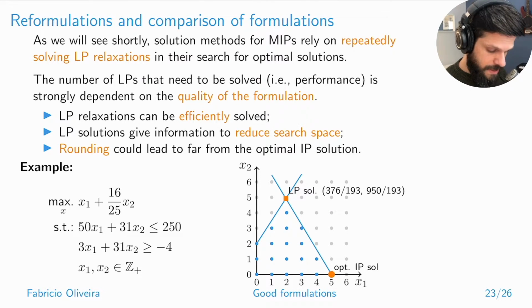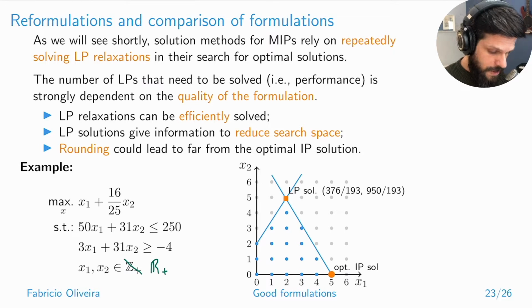Just to illustrate how bad the idea of rounding can go, if I look at the linear relaxation of this problem, the linear relaxation is basically replacing the integrality requirement with x greater than or equal to 0.